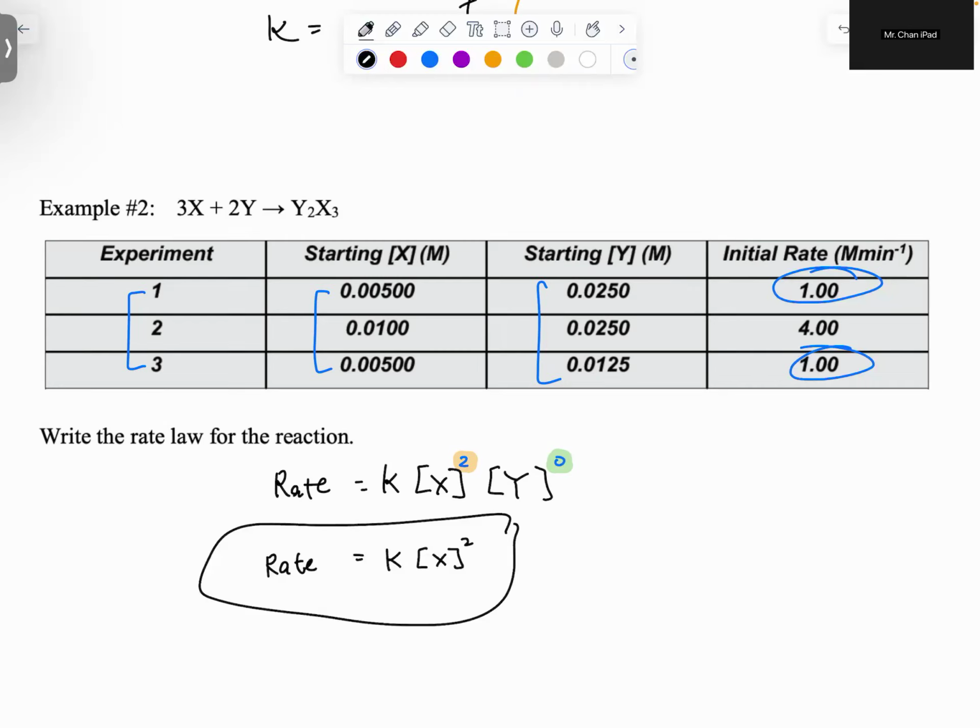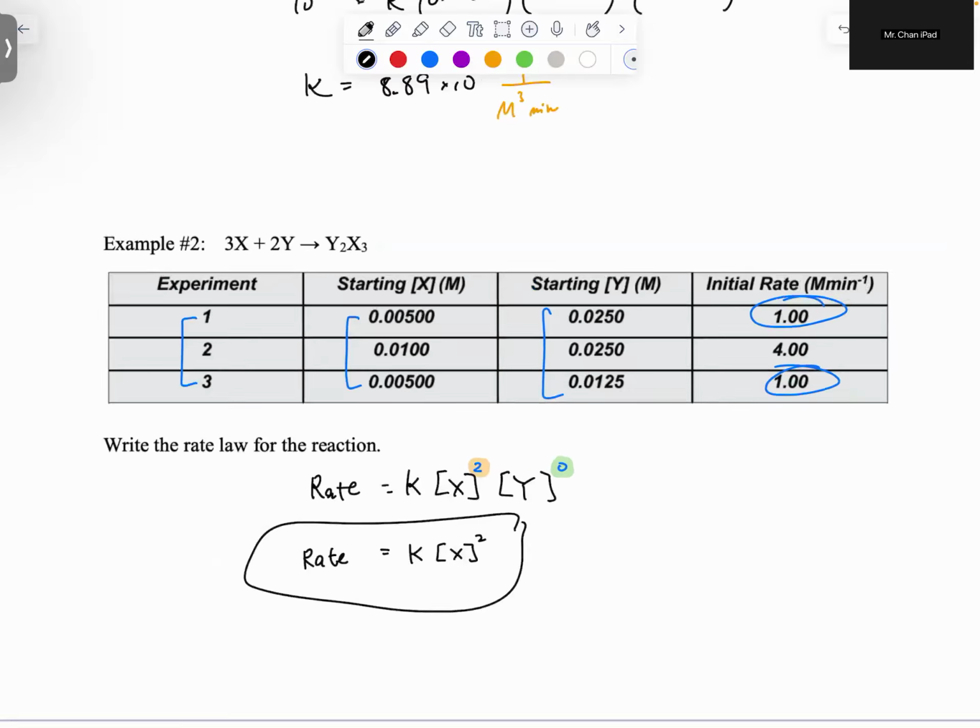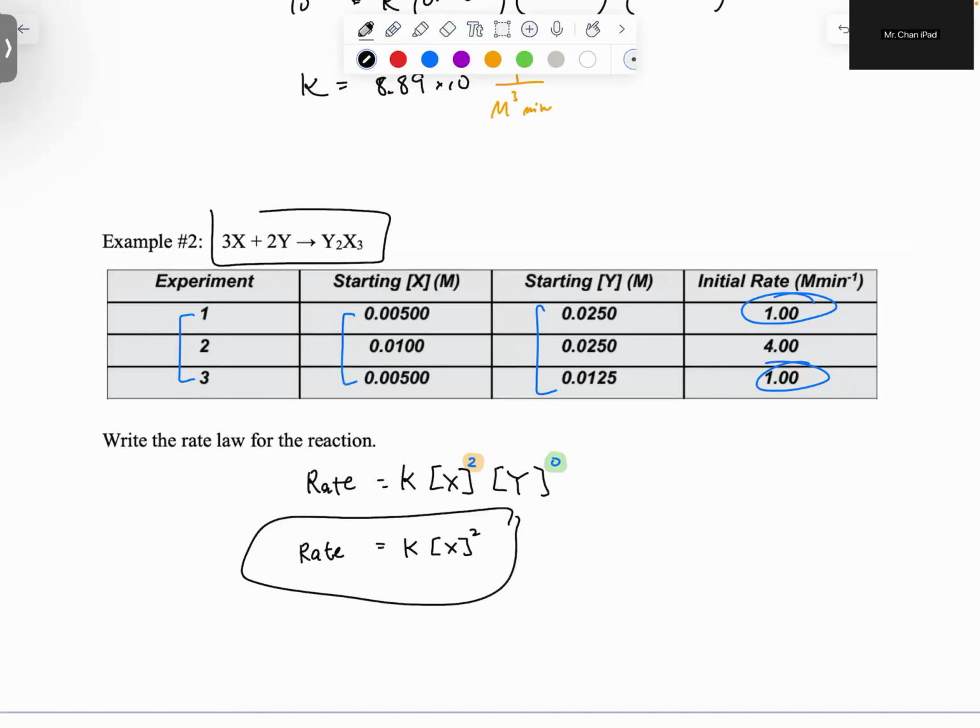All right. Now, I'm going to say something which you may not even consider, but I want to say it first so that next week when we come back, it's going to make more sense. This is considered the overall reaction. Like if you mix 3x and 2y's together, bam, you're going to make y2x3. Okay, that's the overall reaction.